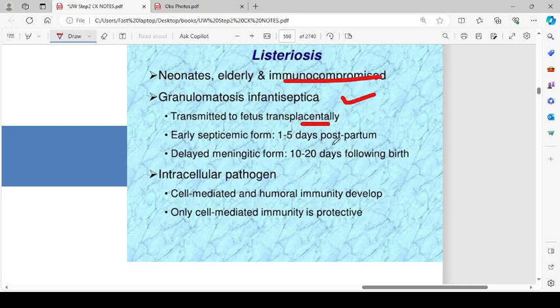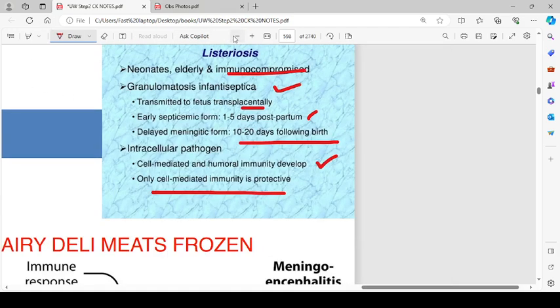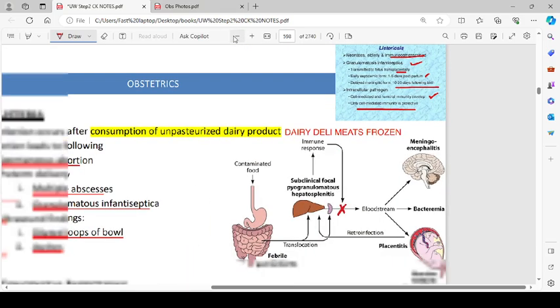The early septicemic form occurs 1 to 5 days postpartum, and the delayed meningitis form 10 to 20 days following birth. Listeria is an intracellular pathogen. Cell-mediated and humoral immunity develop against it, but only cell-mediated immunity is protective because antibodies cannot enter the cells to kill the pathogen.